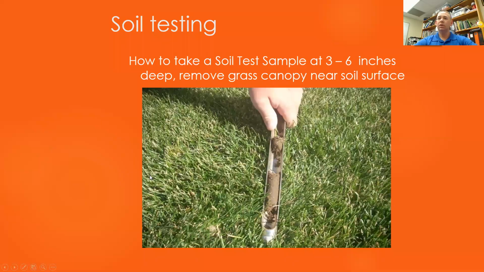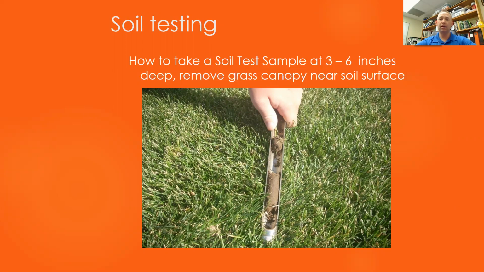So the first step in getting information for your fertilization needs, for your nutrient deficiencies, is by taking a soil sample. We have soil probes here in the office that would normally be available to you to borrow and take those soil samples with.